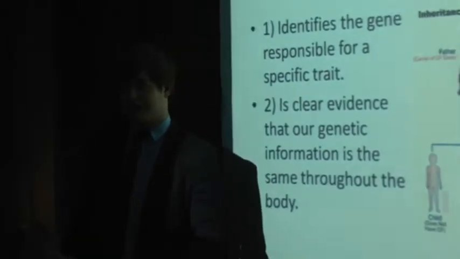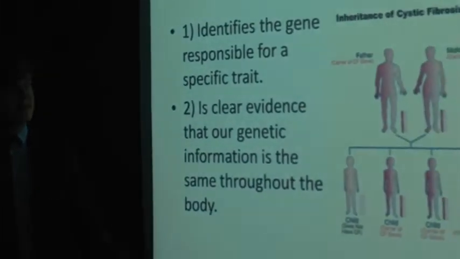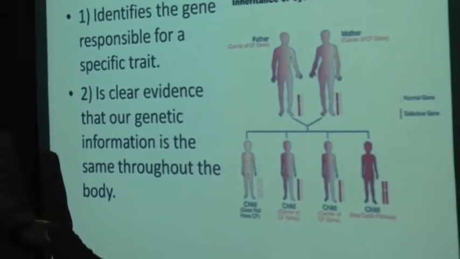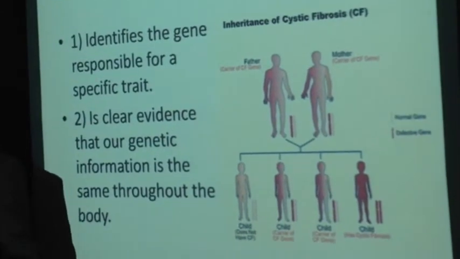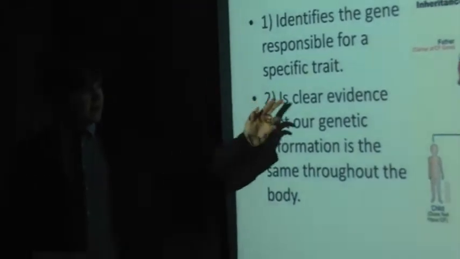The fact that it can identify a specific trait could be linked to genetic diseases, genes that create hemoglobin, and then it gives us clear evidence that the genetic information that is found in all cells in the body is the same, basically, which can be useful.